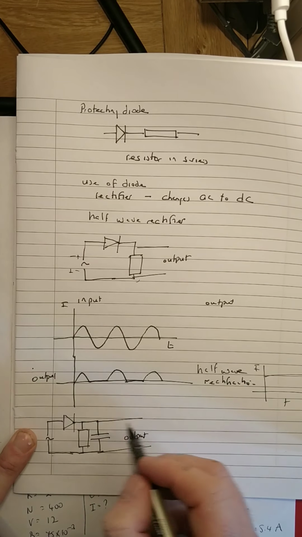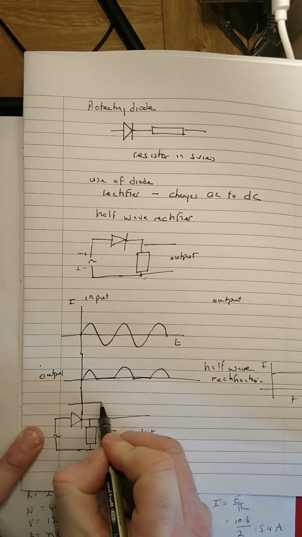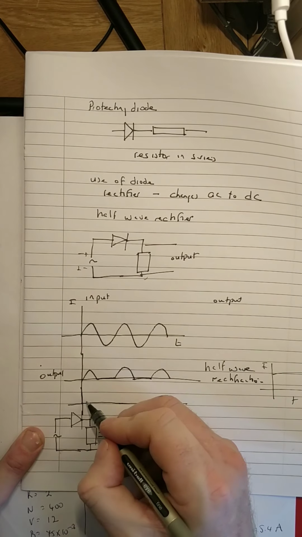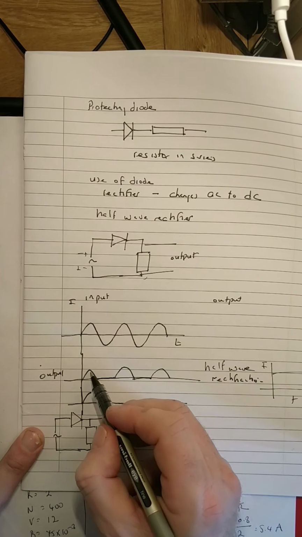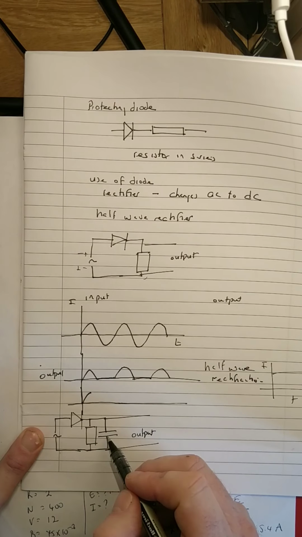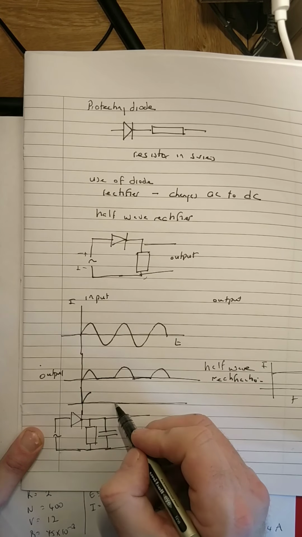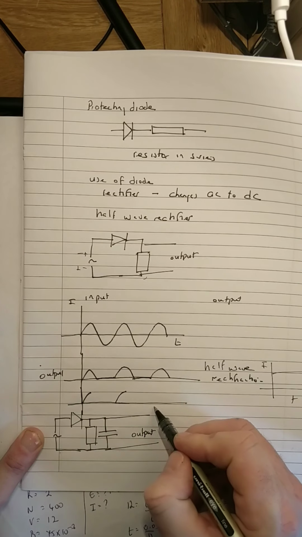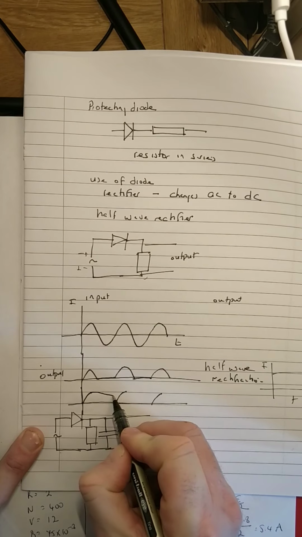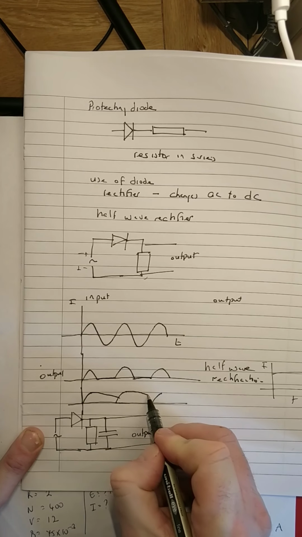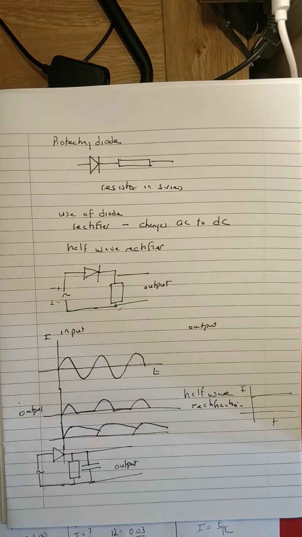Now what happens is it goes up like this, but as it's coming down, the capacitor stores the energy and releases it slowly. So instead of going down and across, it just fades away like that, and fades away like that, and fades away like that. So it's been smoothed.